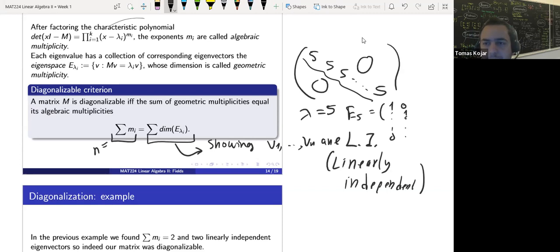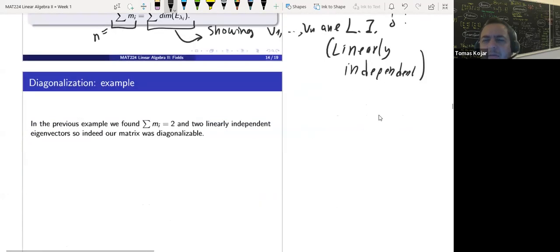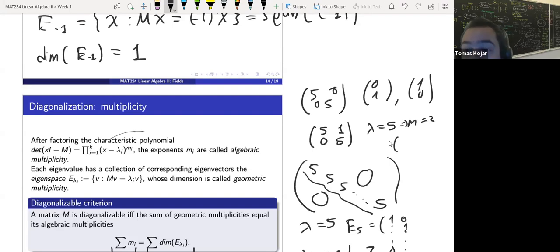Yeah, so it will have to be non-diagonalizable. I don't remember exactly, but in the notes there is an example. I think it was something like this, and lambda is 5. So it has algebraic multiplicity equal to 2, but it only has one eigenvector, namely, what is it?